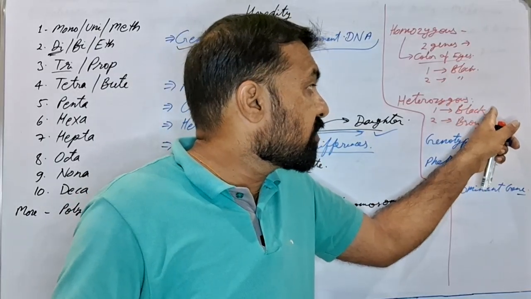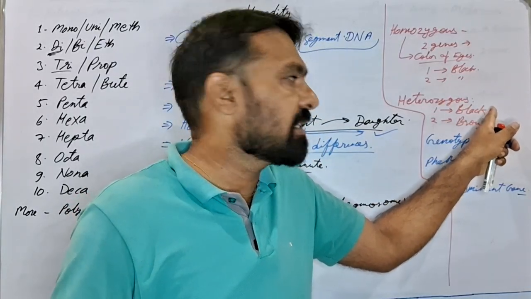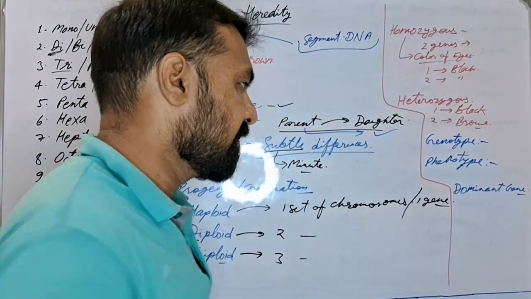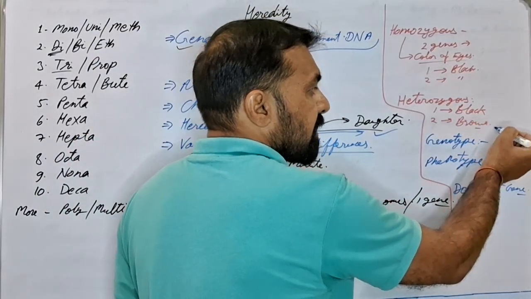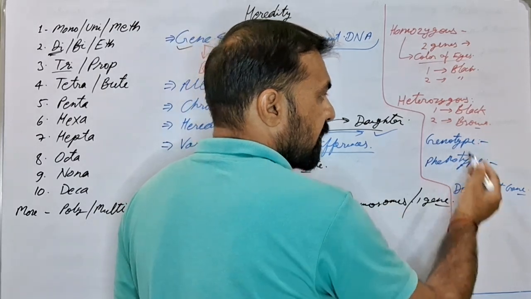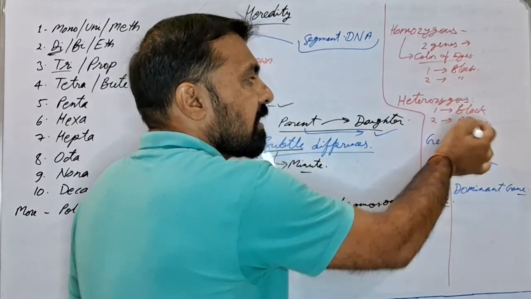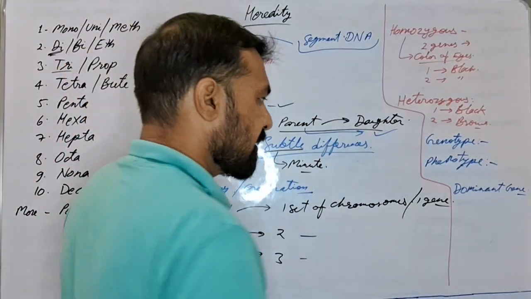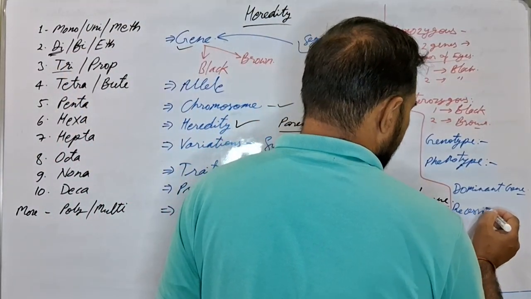The gene which is able to express itself in heterozygous condition, that gene is known as dominant gene. And the gene which is unable to express itself in heterozygous condition, but when it comes in homozygous condition, then it is able to express itself, such gene is known as recessive gene.